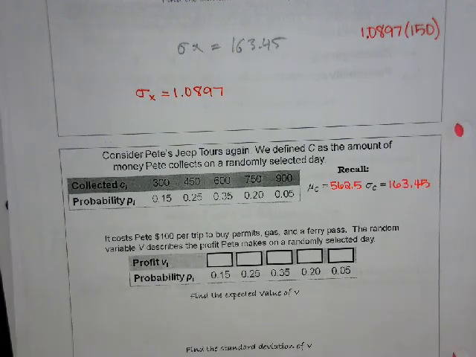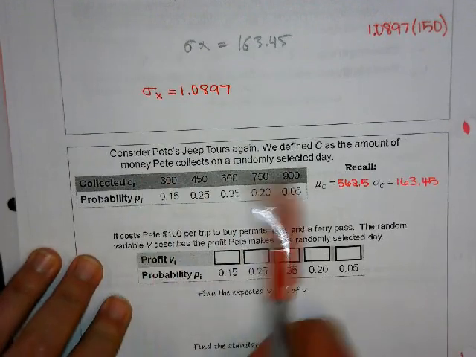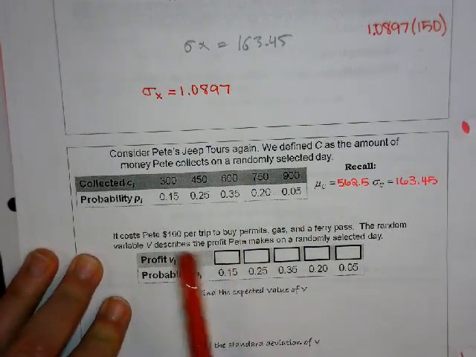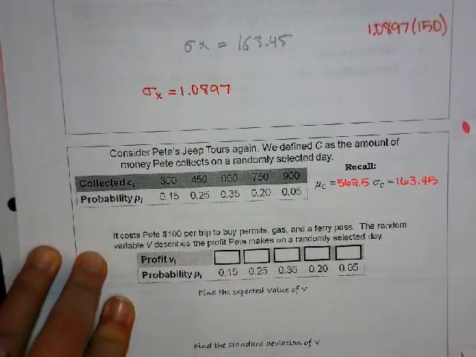How do we find profit from the amount of money that he collected? Subtract 100. That's correct. Yes. So he's got the money he collects. Then we have to subtract the 100 that he would spend no matter how many passengers he has.